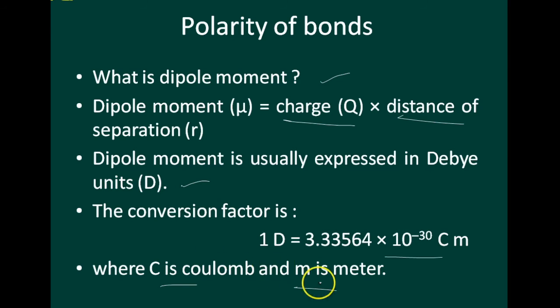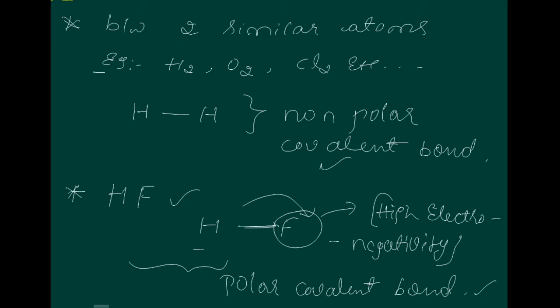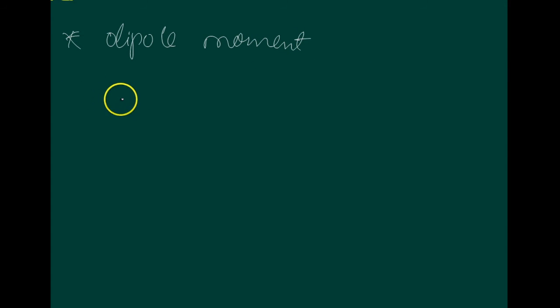Next, how we can represent the dipole moment. Consider H and F. In the case of a vector quantity, the tail is on the negative end and the head on the positive.